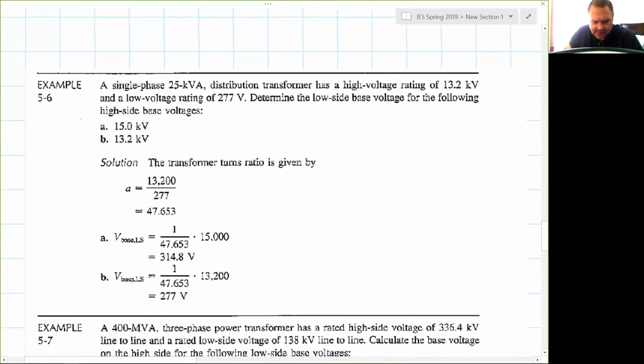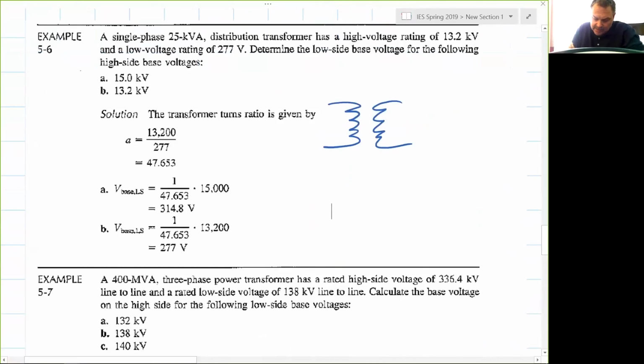So 5.6 here, we've got a single phase 25 kVA distribution transformer, and it has a high voltage rating of 13.2 kV and a low voltage rating of 277. So what I do is I draw the transformer, and that's how we've been drawing them. Because I'm familiar with one-lines and how they work, I normally just go off of a one-line diagram.